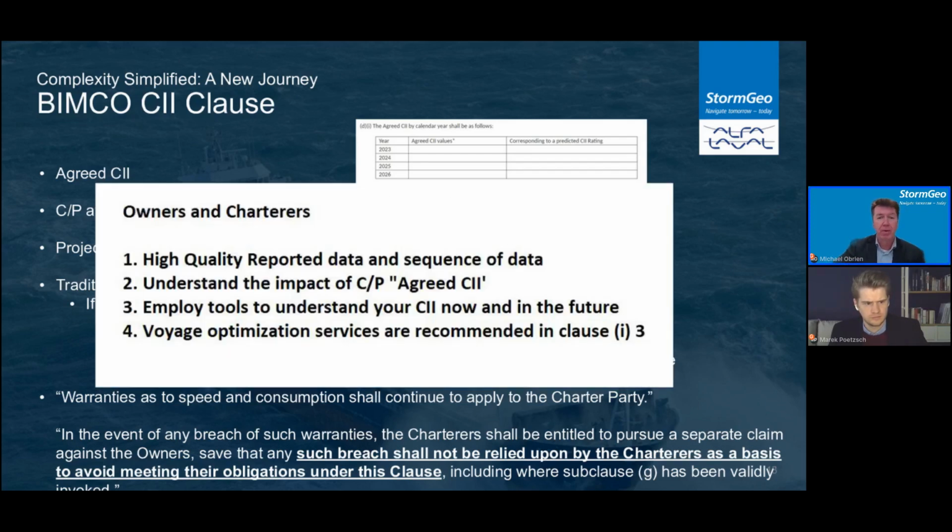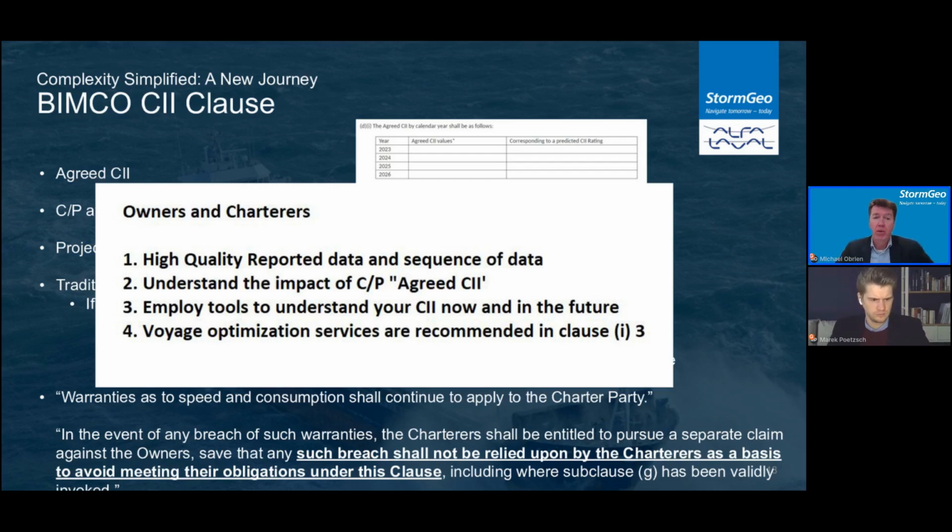So what that boils down to is that owners and charterers really need to keep a close eye on things. And that's going to start with high quality reported data and in a good sequence as well, right? You want to make sure you have a good handle on the reporting of data. It'll be very important to understand the impact of CII and the impact against the agreed CII.